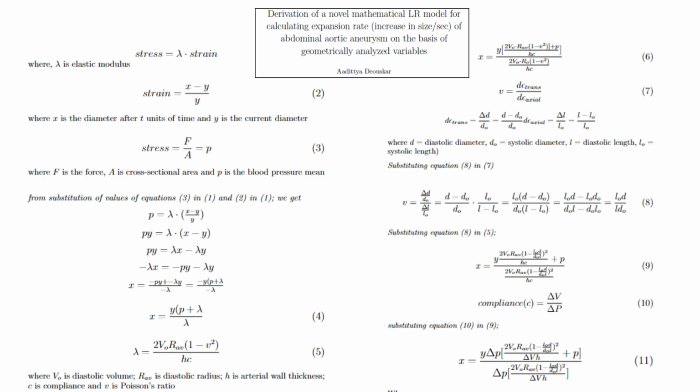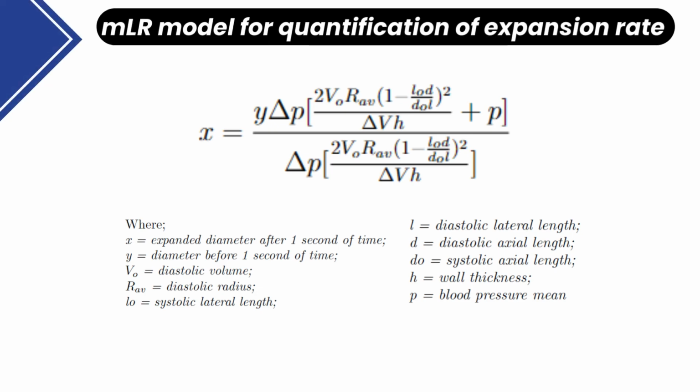After substituting these functions into a correlative function of Laplace's law for arterial systems, I got this mathematical model, which basically utilizes the geometrical variables of the abdominal aorta and calculates the expanded size after t units of time.